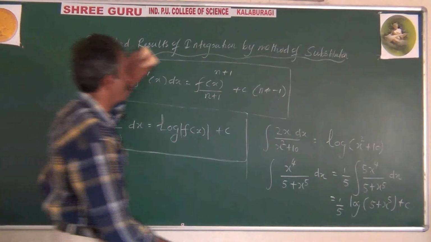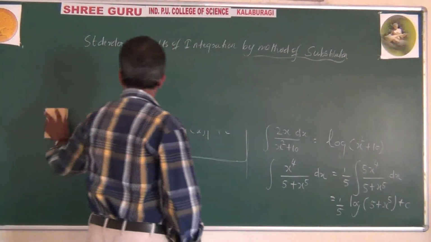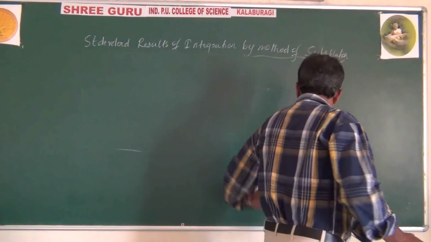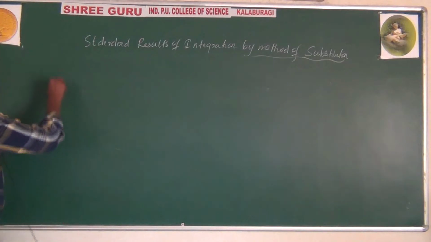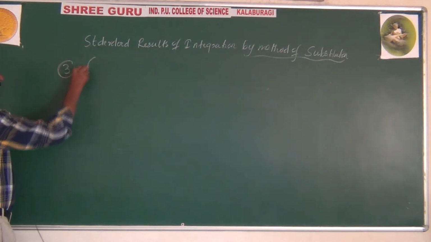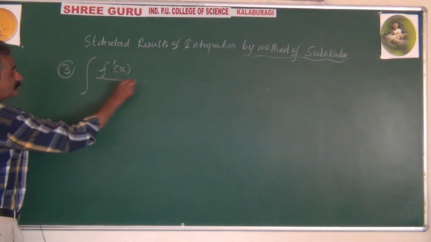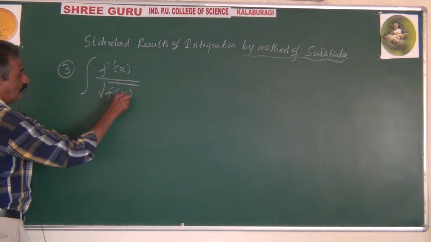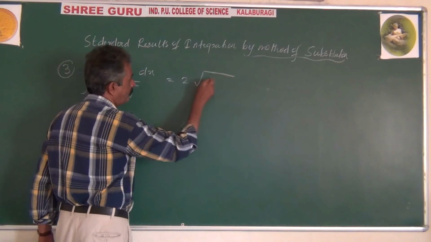Third one, integration f dash of x divided by square root of f of x. Its value will be 2 into square root of f of x plus c.